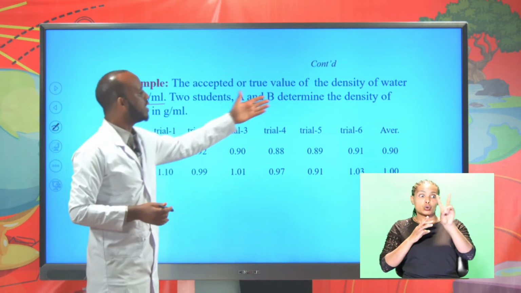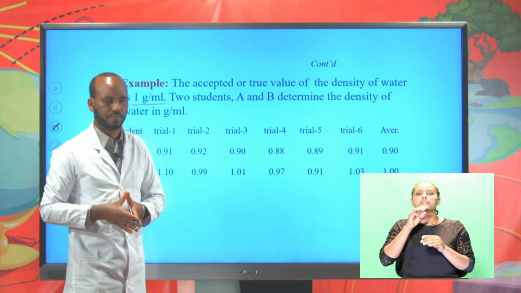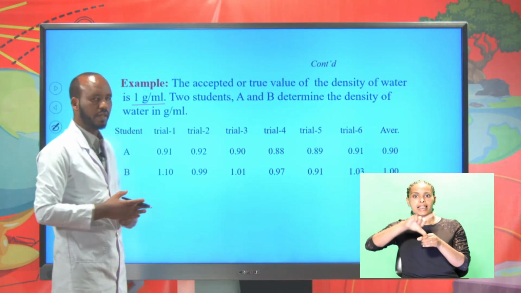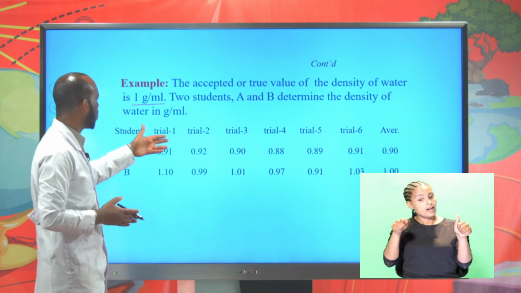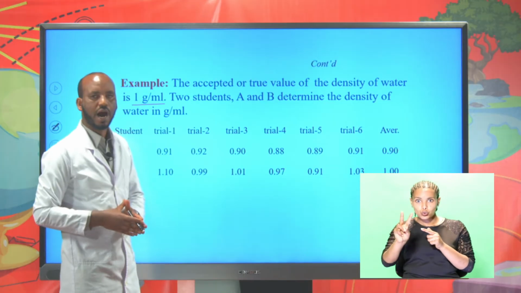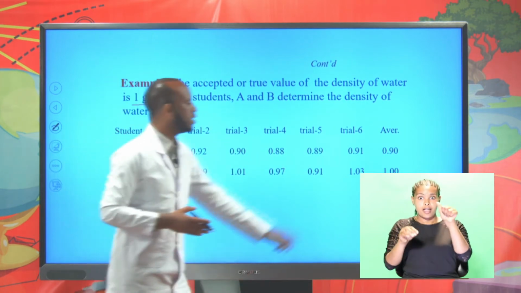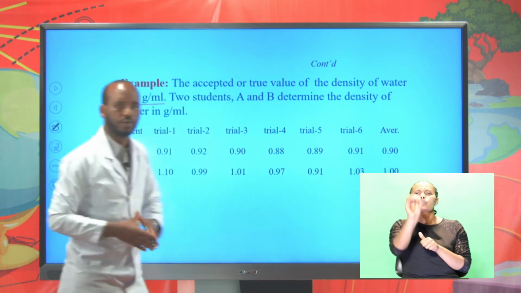Two students A and B determine the density of water in gram per milliliter. Student A in his or her trial 1, 0.91 gram per milliliter. In the second trial, 0.92 and so on. Average value of measurements of student A is 0.90.